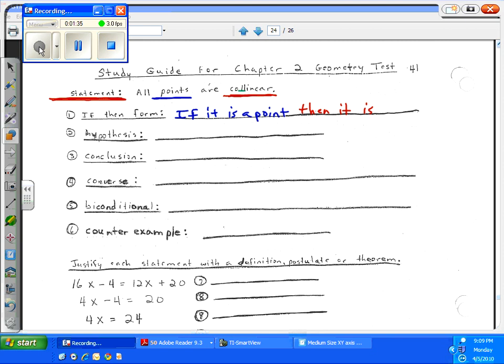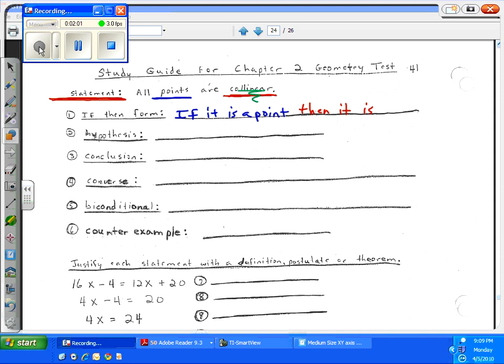Because collinear, really we have to be talking about 3 points or more, right? If we go back to our properties. So we get to writing this, and then we get to going, hey, there's more to this collinear thing. So because of that definition, I need to go back, and if I'm going to disprove it later, I need to interject more into it.